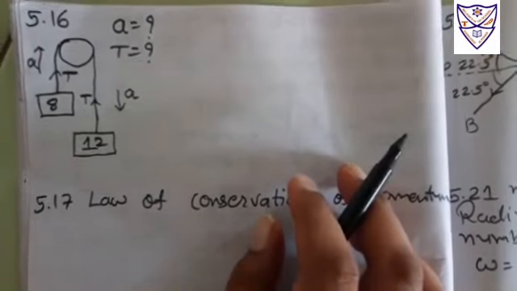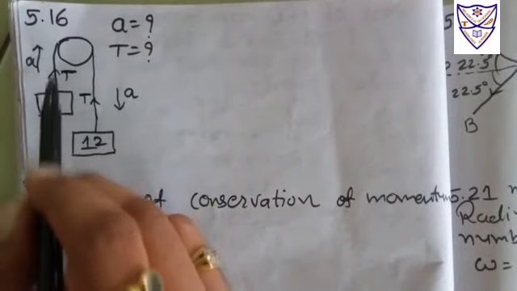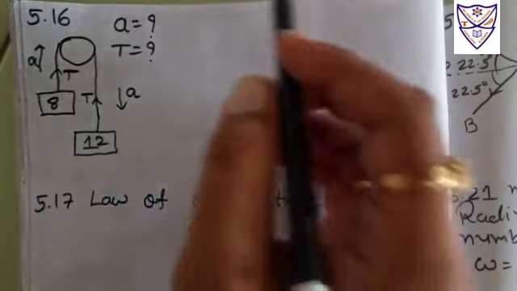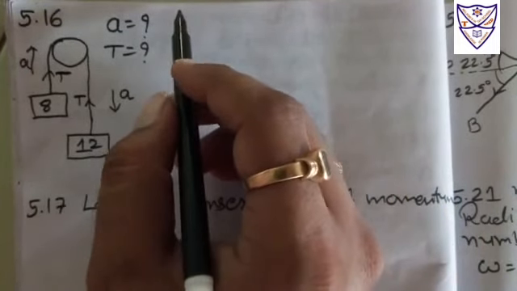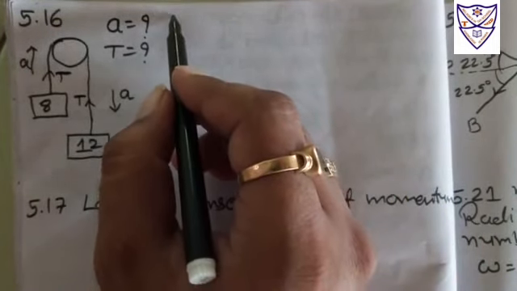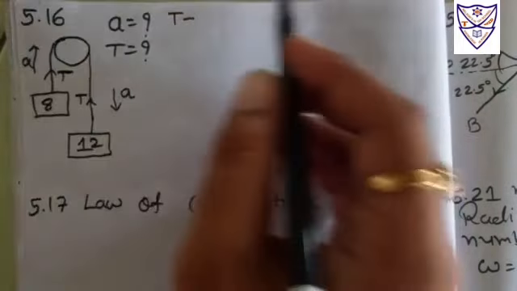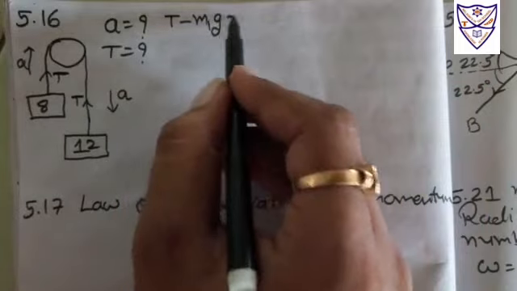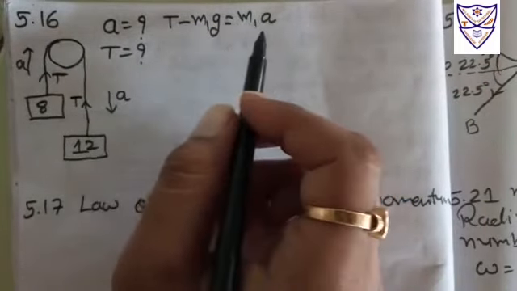So now first of all we have to write the free body diagram for this particular object. So starting from it, the first formula is T minus weight, which is always downward, so m1g, is equal to m1a, right? So that's our first formula.